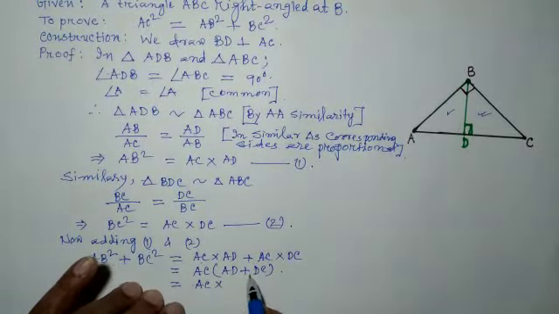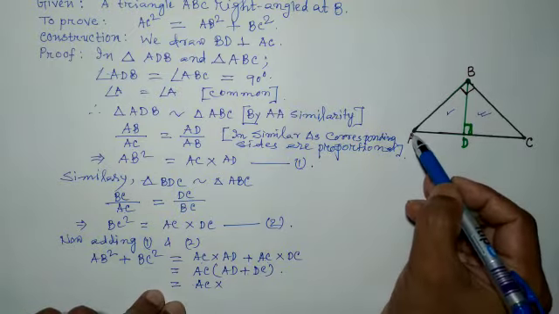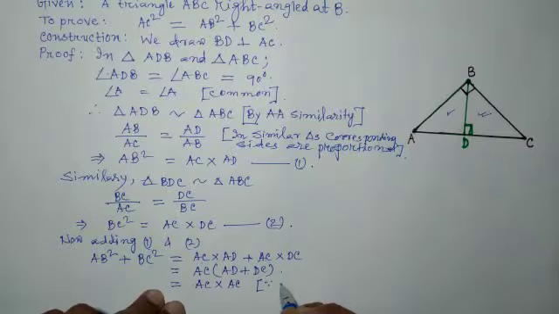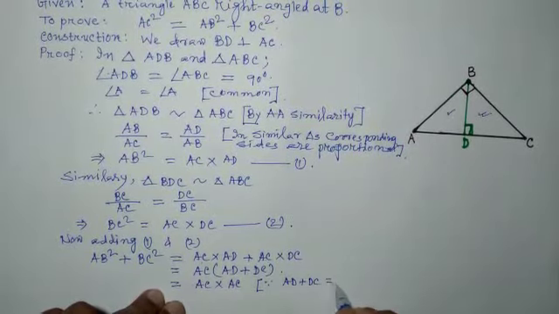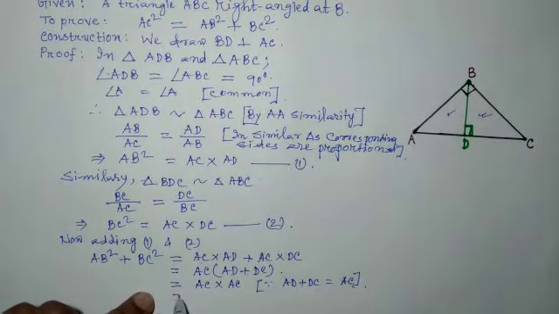Look at the picture: AD plus DC is equal to AC. So we can write in bracket AC, because AD plus DC is equal to AC in the figure. So now AC into AC is AC square.